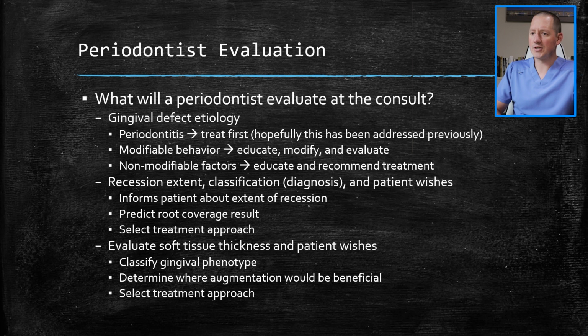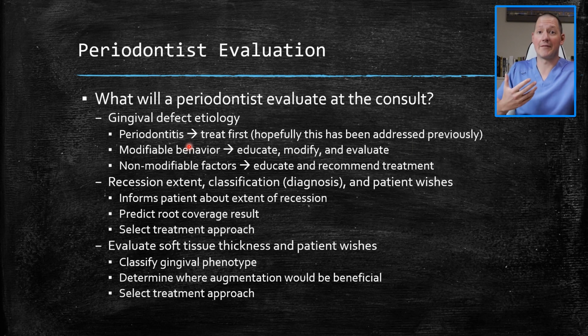A couple things that we are going to do as periodontists to understand what's going on with the patient and how we're going to evaluate them. First off, I'm going to evaluate the gingival defect etiology, right? So patient comes to me either with recession, a lack of KT, maybe both. I'm going to understand, okay, what is causing this gingival defect, whether it's recession or a lack of KT. I'm going to look at, does the patient have periodontitis, right?